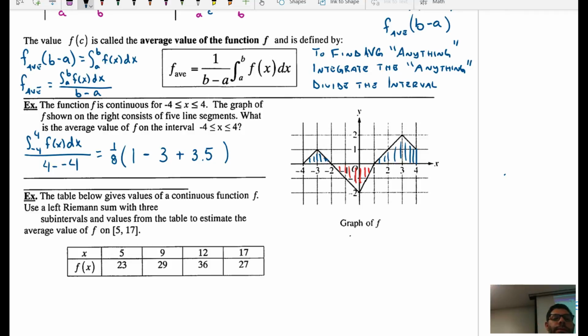Mm-hmm. 1.5 times 1/8. Yeah. So it might be better here to write that 1.5 as a fraction rather than a decimal. 1/8 times 3/2, which is 3/16.